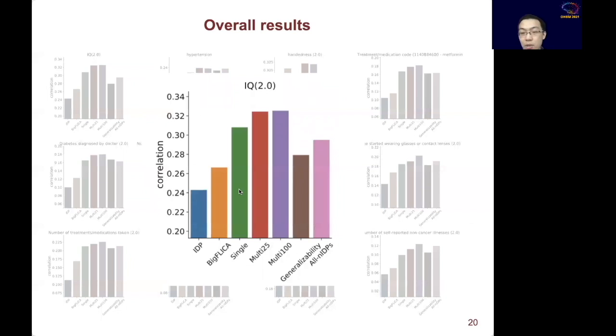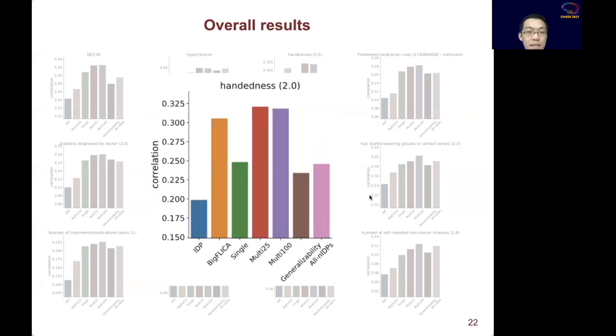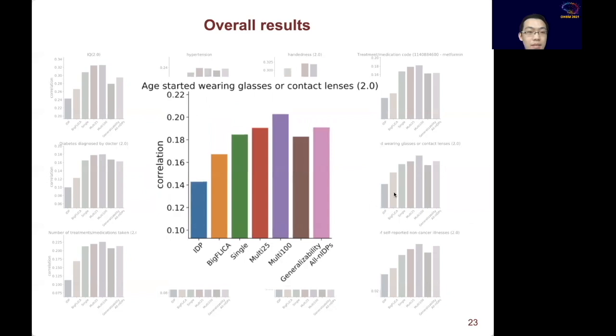Further, by including some NIDPs that are highly related to IQ, we can improve the prediction of IQ by multitask learning, see the fourth and fifth columns. A similar trend has also been observed for the NIDPs hypertension, handedness, and age started wearing glasses.